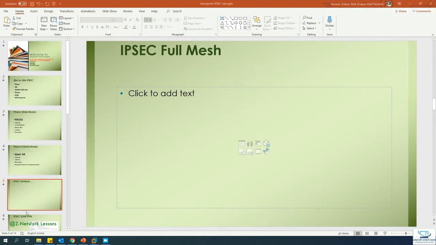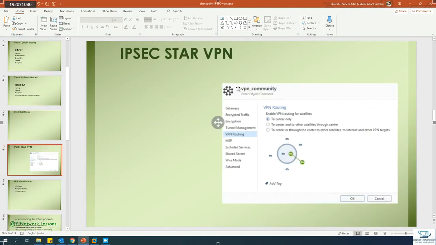And then you have the IPsec star topology, which you can call hub and spoke. There is a centralized site, and all the branch sites connect to that centralized site.